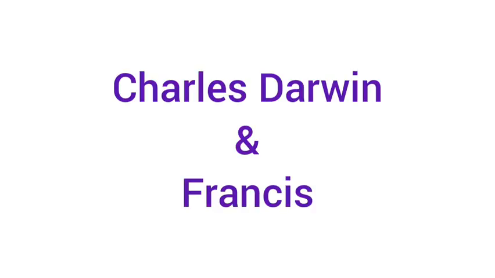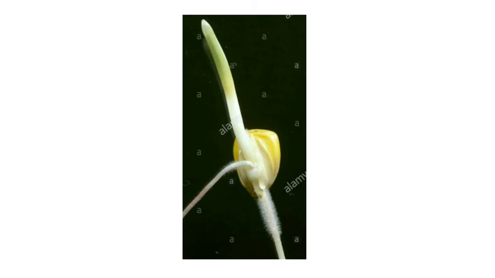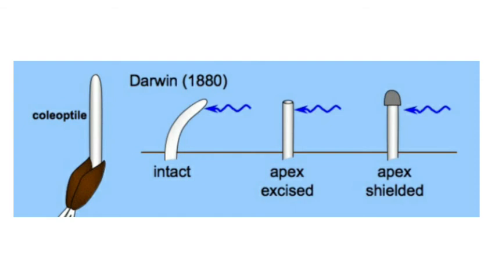Let us try to understand some early experiments in phototropism. Early experiments in phototropism were conducted by Charles Darwin and his son. He noticed that if light is shone on a coleoptile, which is a shoot tip, from one side, the shoot bends or grows towards the light. This bending did not occur in the tip itself but in the elongating part just below it.